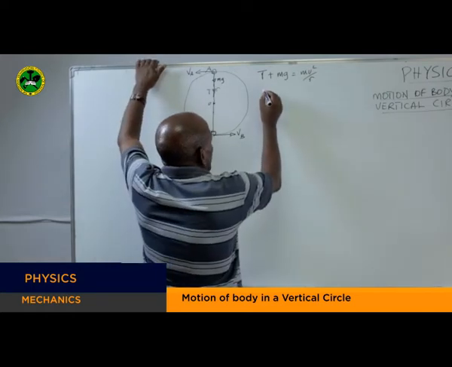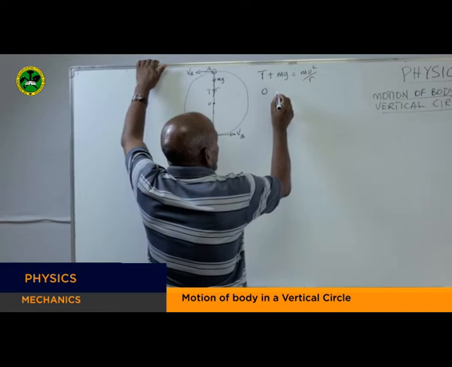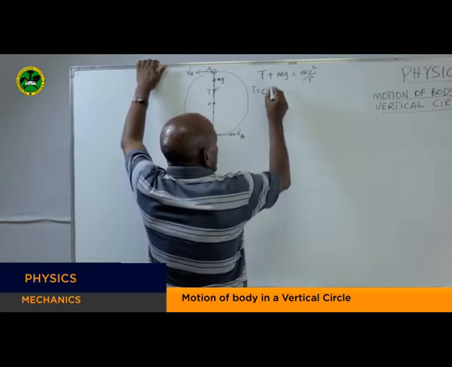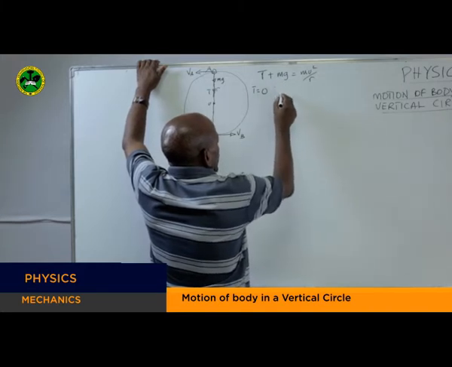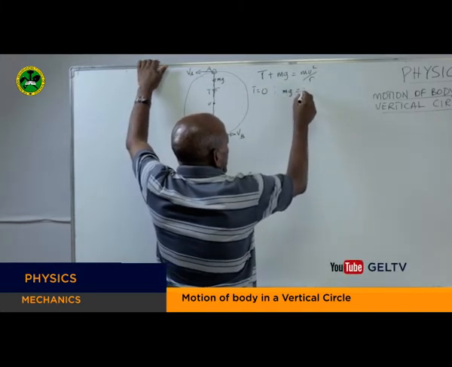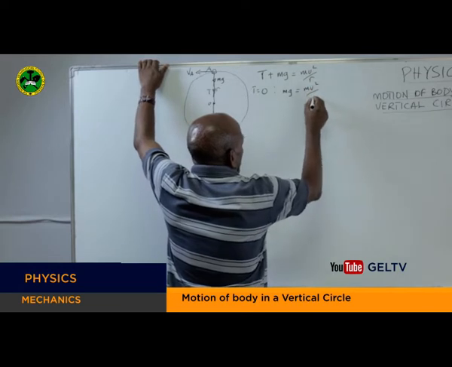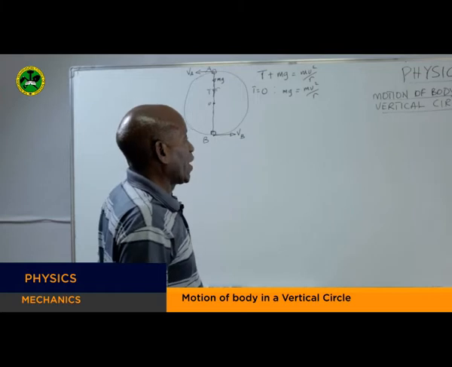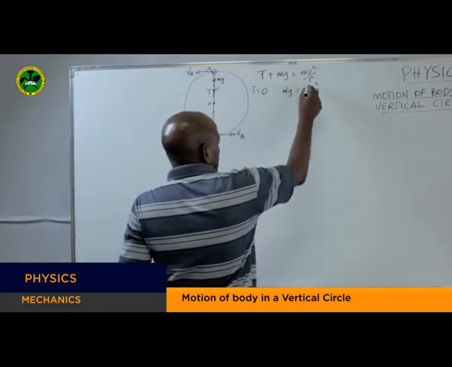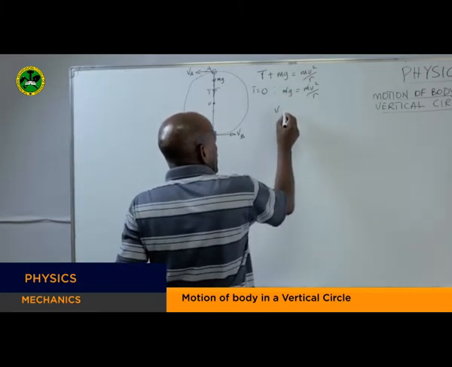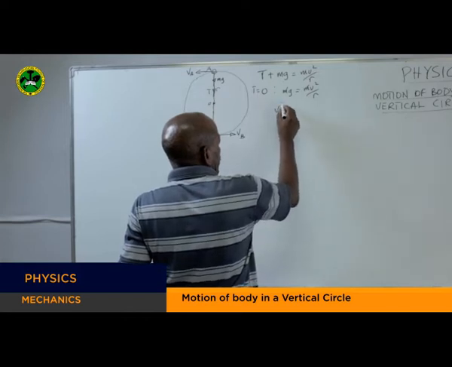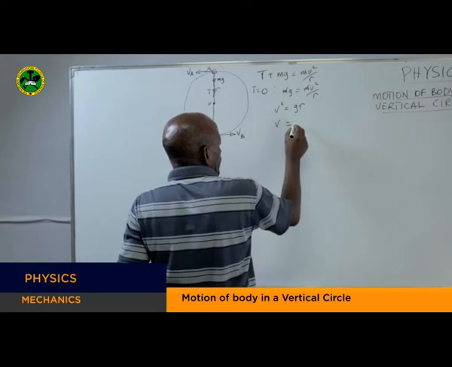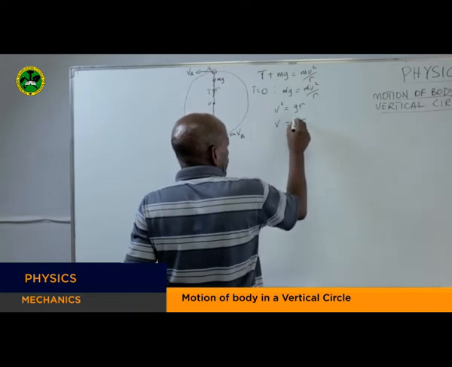So we put T equal to 0, and we find that mg is equal to mv squared over r. If the mass is the same, then v squared is equal to g times r, so the velocity v is equal to the square root of g times r.